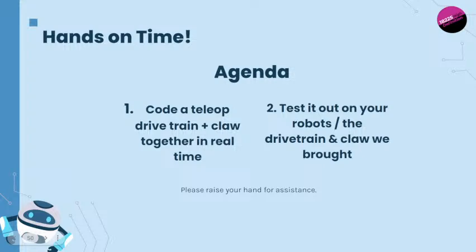Before we connect to the robot, the driver hub, or the control hub, we're just going to do all the code in Android Studio first. Then I'll walk through the logic and the process, and then I'll go over uploading it, and then you can try uploading.